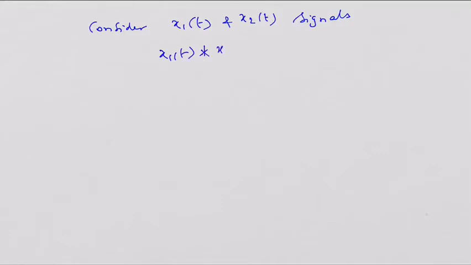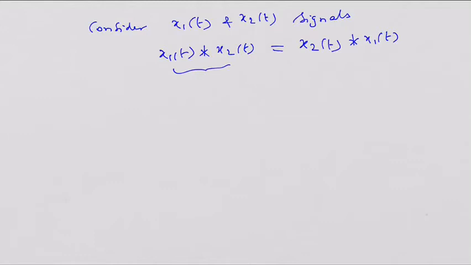So the proof for commutative property. Consider two continuous time signals x1 of t and x2 of t. By commutative property, you know that x1 of t can be convolved with x2 of t, or x2 of t can be convolved with x1 of t.